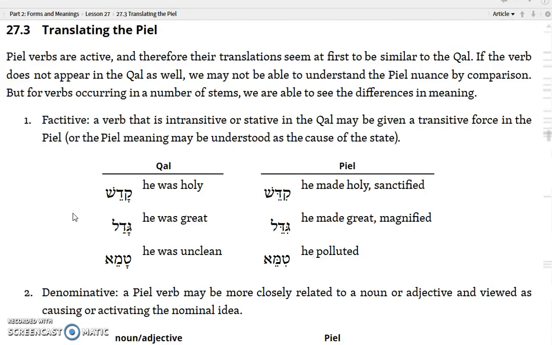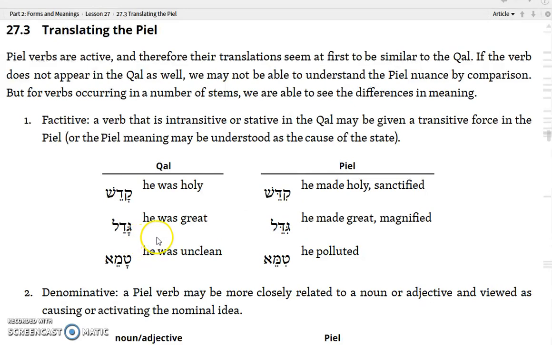Or I like to put it this way, if you have a stative verb, the Piel will produce the state of the stative verb. So Kadesh means he was holy. Kidesh means he made something or someone holy. He sanctified something.